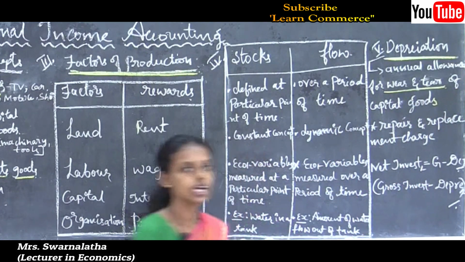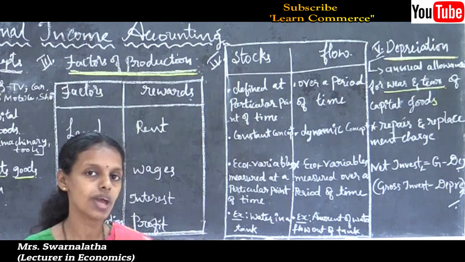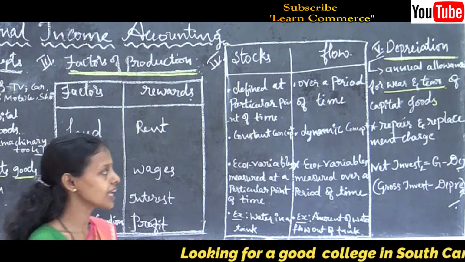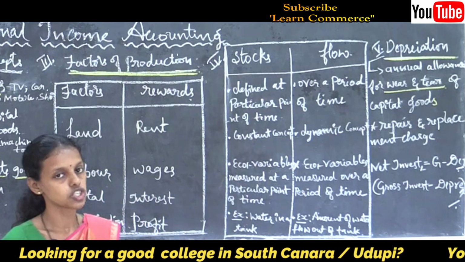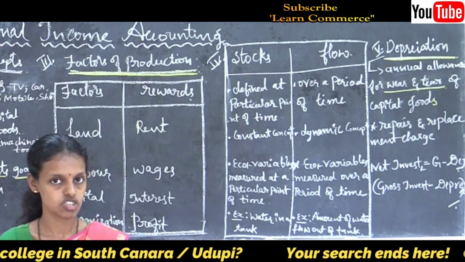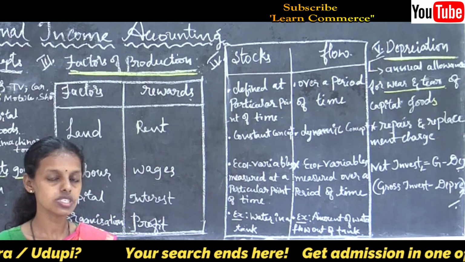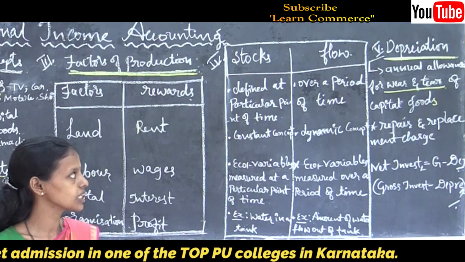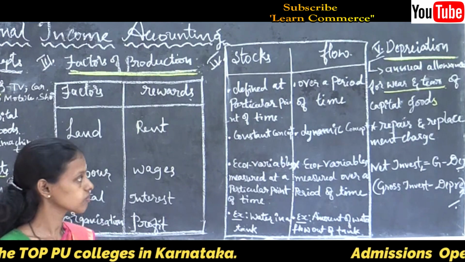Wear and tear means repair charges or replacement charges. So repair and replacement charges are said to be the depreciation charges. It means the money or cost invested on the wear and tear of capital goods is said to be the depreciation.